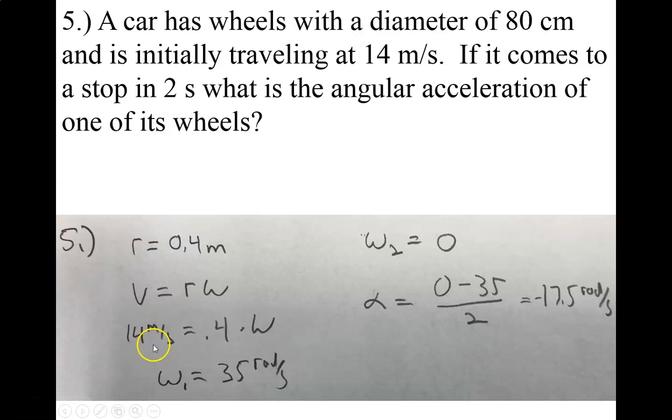Our linear is 14, radius is 0.4 times omega, so my initial angular speed is 35 radians per second. I plug that into my acceleration equation, and we get 0 minus 35 divided by 2, so the angular acceleration is equal to negative 17.5 radians per second squared.